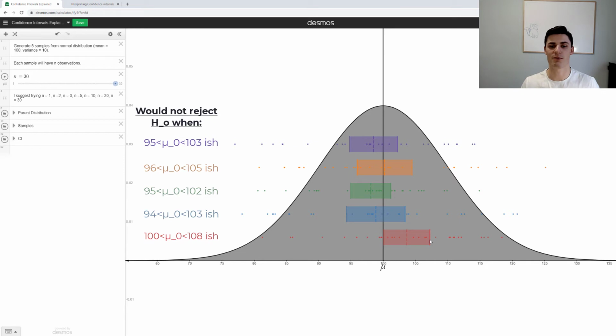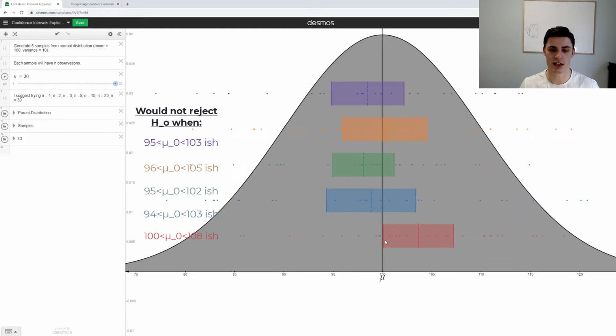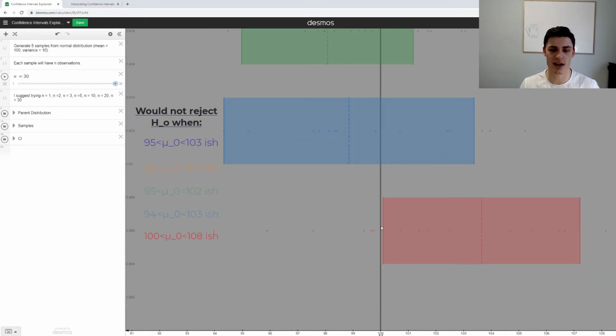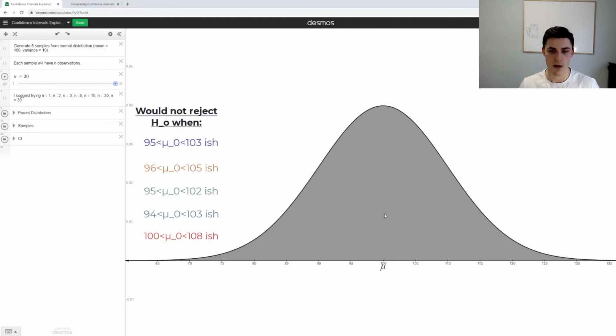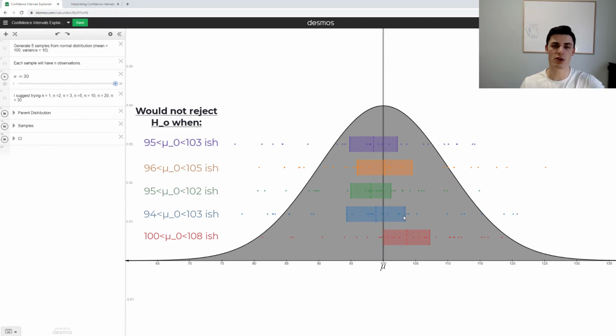But in this case, our H naught or null hypothesis would be 100. So we do reject it. If you recall, it is outside the interval. But for all the other ones, if you have null hypotheses inside of this range, so 95 to 104, whatever it is, then you would not reject it, and you couldn't reject H naught that it is 100.